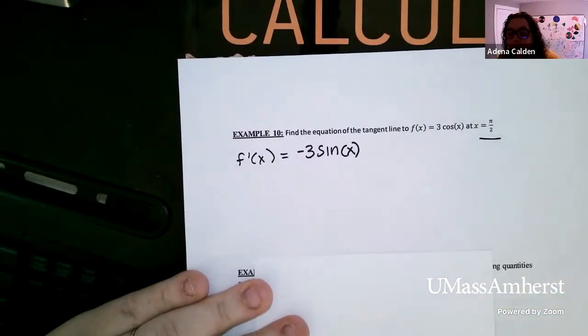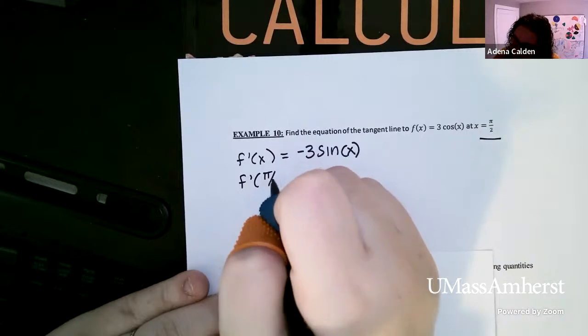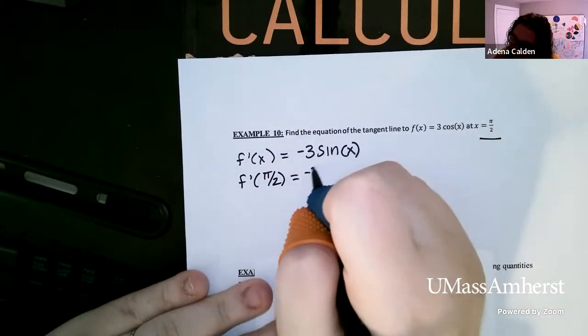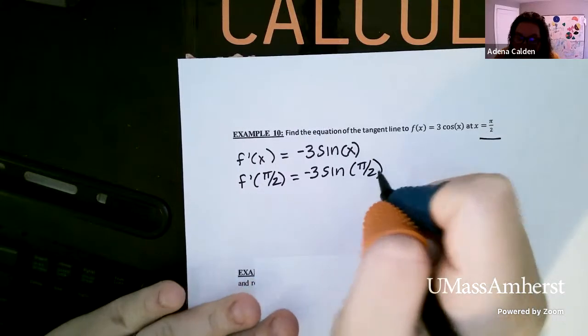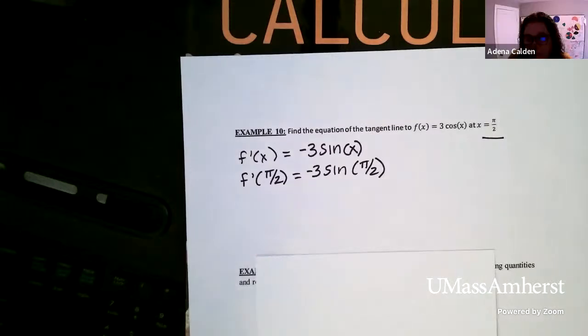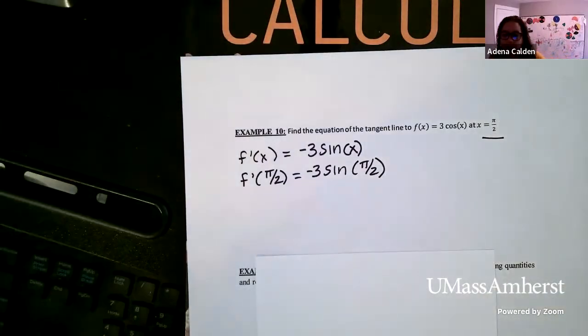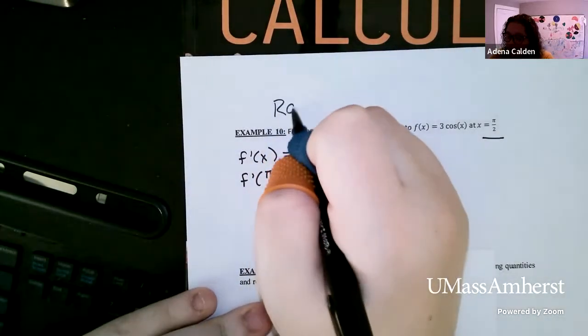We want to evaluate this at pi over 2. So we're going to plug in pi over 2. And this is a good time, if you don't remember your circle and the values, and you are going to be plugging these things into your calculator, make sure that your calculator is in radians.